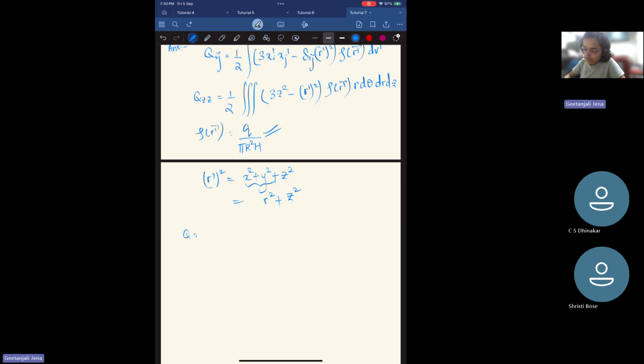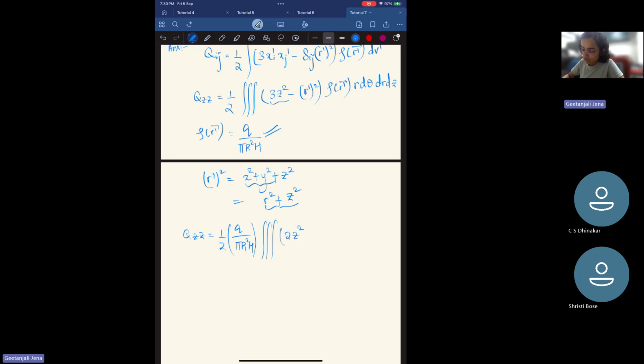Now we can simplify Q_zz. This will be half, Q by pi R squared H, integration of 3z squared minus (r squared plus z squared).